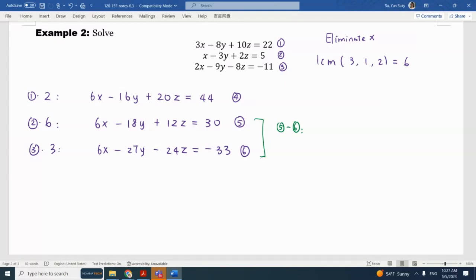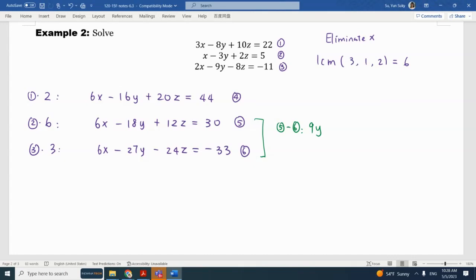Negative 18 minus negative 27 becomes plus 9. And how many z? Minus 12. Equation 5 minus negative, then it's 36.